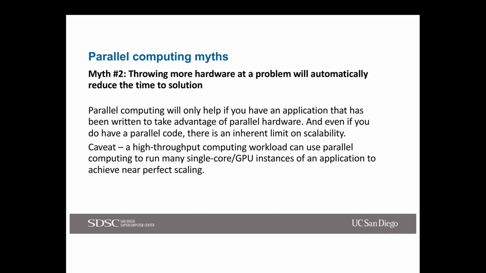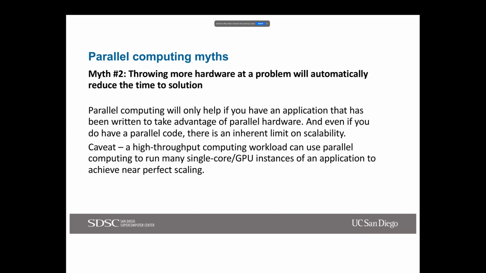These applications have to be written to take advantage of the parallel hardware that you have access to. And so if you don't know whether the application that you're running, say on your local laptop or desktop, has been parallelized, it might not necessarily be advantageous to take it to HPC resources if it's not parallelized.